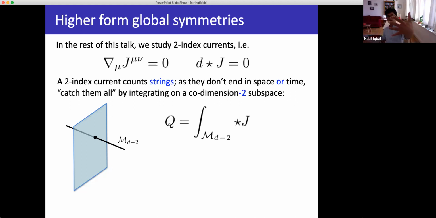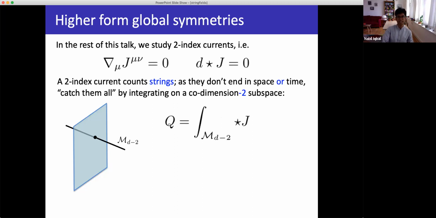And then you can move that screen towards you in space, or you can move it upwards in time, and you'll always get the same answer. In math, what that means is you don't integrate over a codimension 1 manifold, you integrate over a codimension 2 manifold, but you integrate star J. And as you deform this manifold in space or in time, you always get the same answer for this conserved string number.